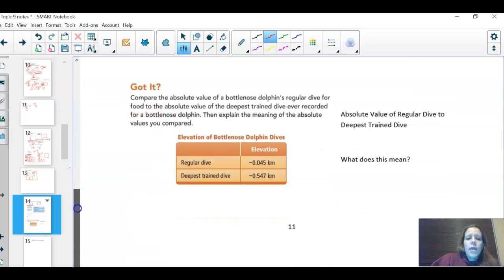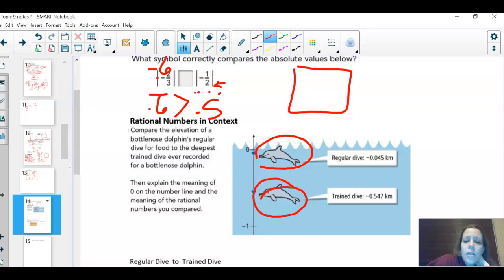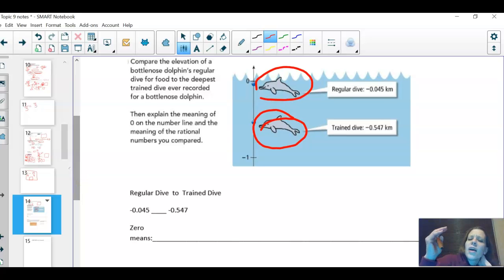Now we're going to go ahead and look at this one here. You have 2 dolphins. I want to know what is the meaning of 0 and who went deeper. Y entonces yo quiero el significado de 0 en el delfín, que es más abajo que el otro.